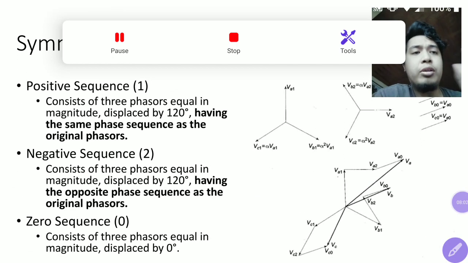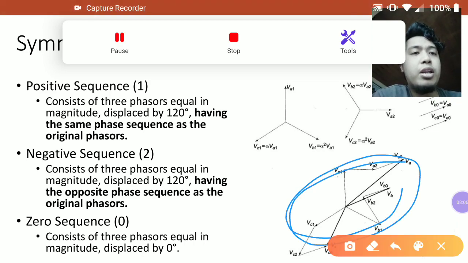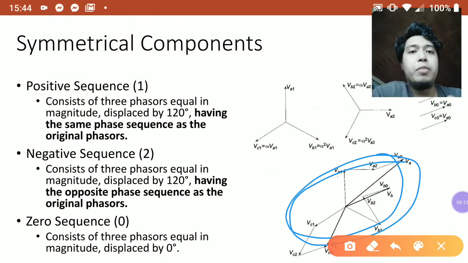Take note again, the original network in this example, the example that I am using, is ABC sequence. That's why the positive sequence symmetrical component is ABC. Okay? Now, the negative sequence symmetrical component, it's still a balanced system.